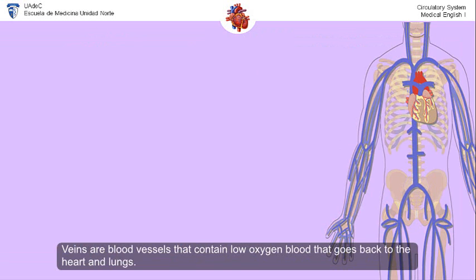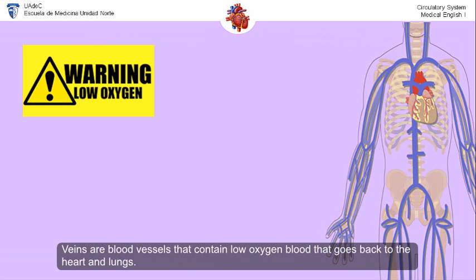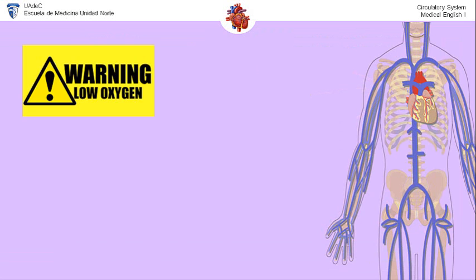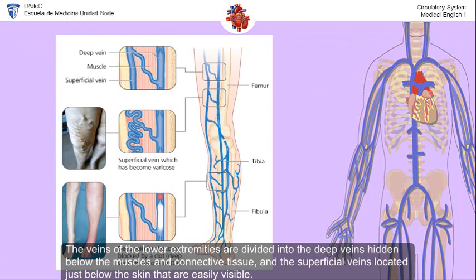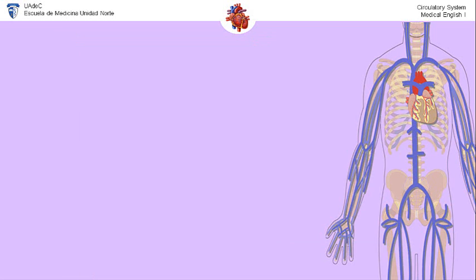Veins are blood vessels that contain low oxygen blood that goes back to the heart and lungs. The veins of the lower extremities are divided into the deep veins hidden below the muscles and connective tissue, and the superficial veins located just below the skin that are easily visible.